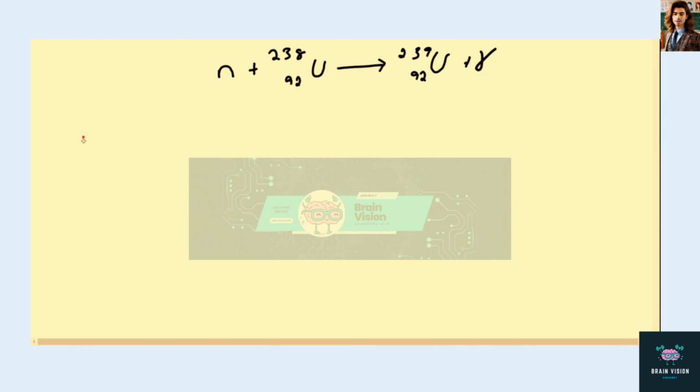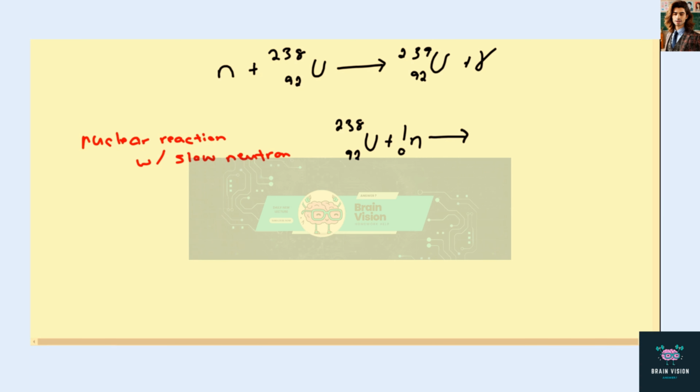And so a nuclear reaction with a slow neutron, I'll write that in red, is going to look like 238 U 92, okay, plus 1 0 N, and it's still going to be the exact same thing here, 239 U 92 plus gamma, okay.